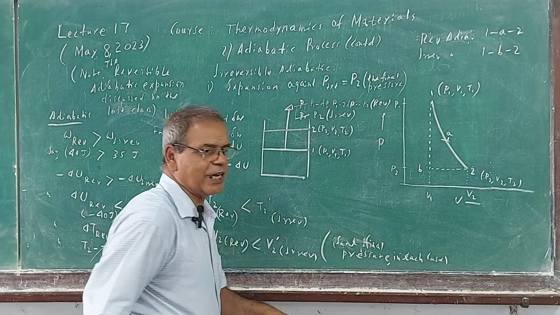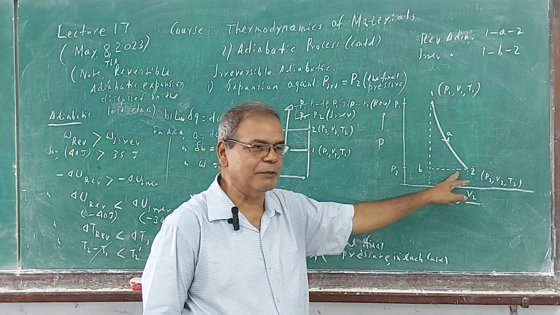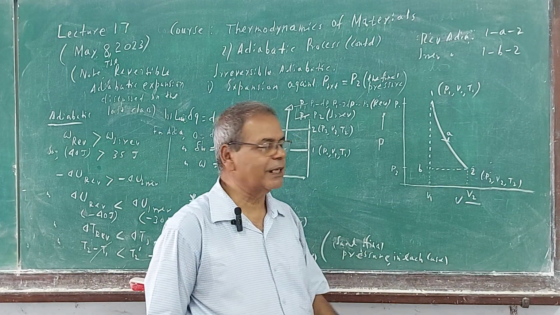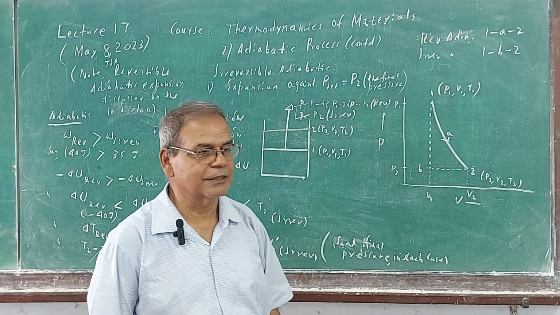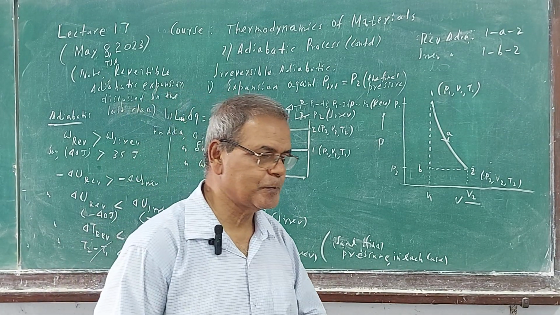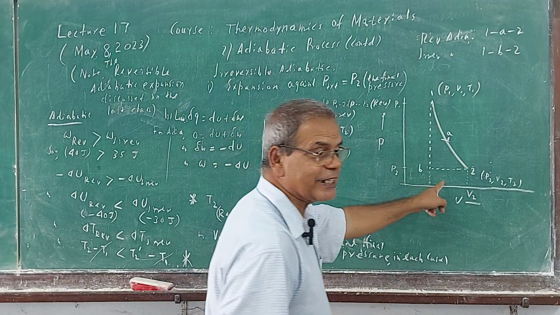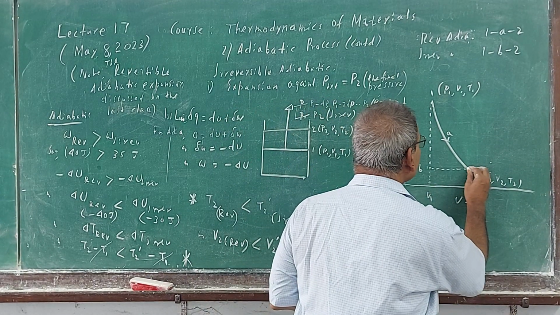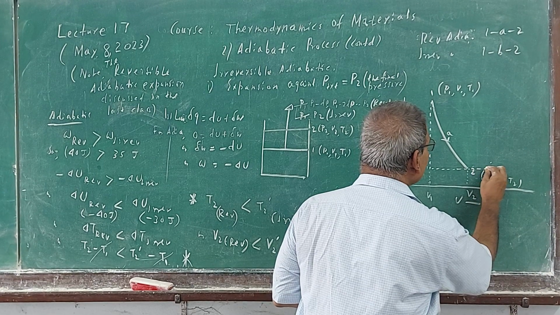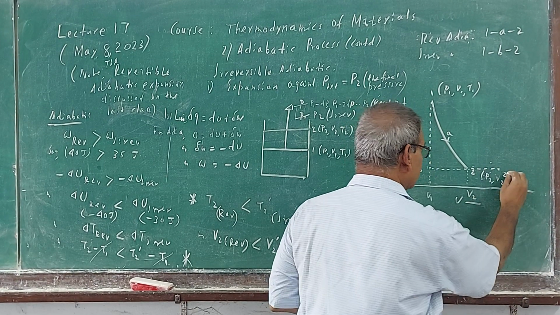That means will it stop here? Interesting. Will it stop here? This is the first time we are actually facing something where the final states are different, reversible and irreversible. So this will not stop here. What is the volume? In this case, volume will be greater. So it will be greater in a way so that this is the 2, and I am giving 2 prime.